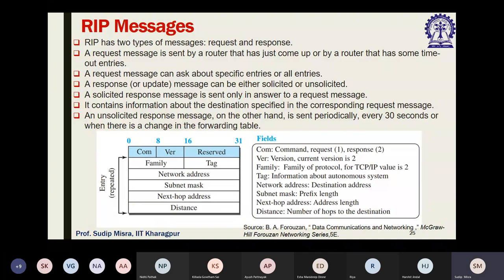It contains information about the destination specified in the corresponding request message. On the other hand, an unsolicited response message is sent periodically every 30 seconds or whenever there is a change in the routing table. This is the format of these messages.